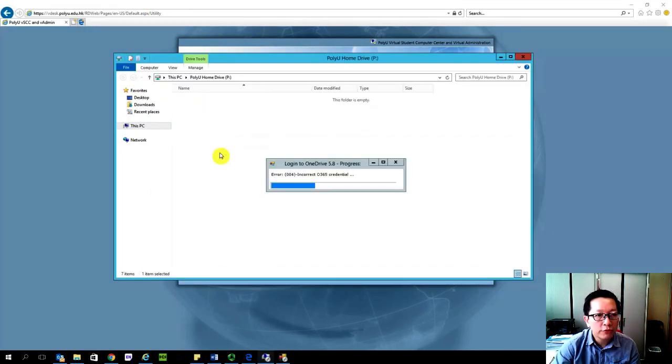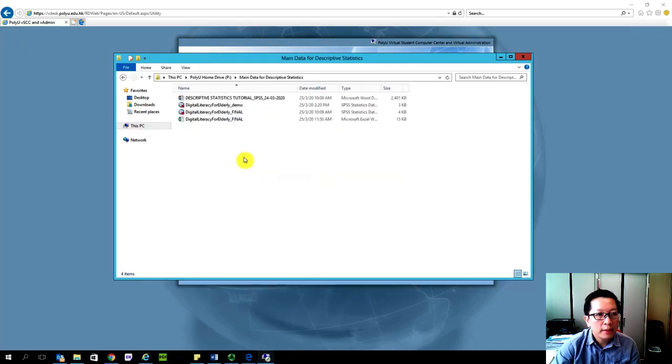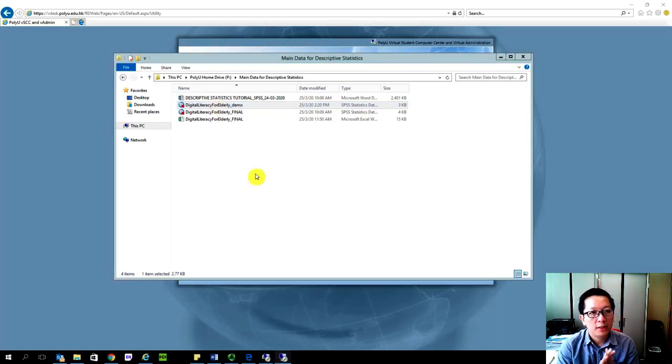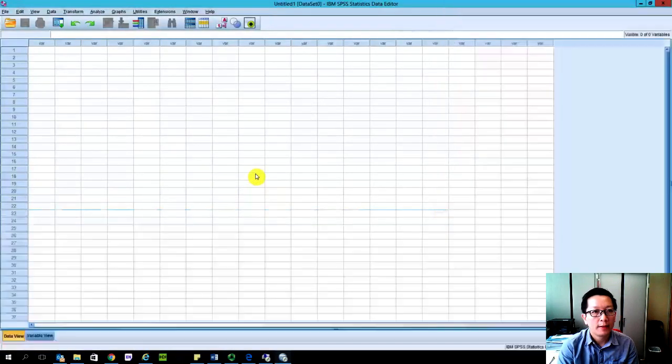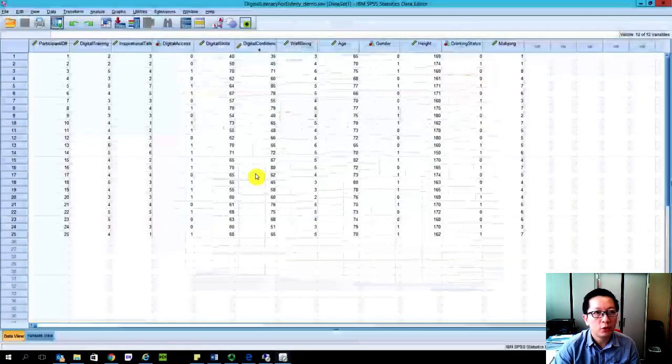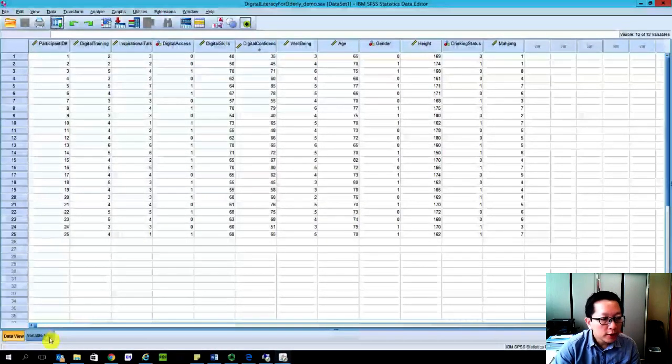I'm clicking my P drive, going to my main data, opening my demo data, my .sav data for digital literacy for elderly demo. It's opening up and loading well. Thank you SPSS.